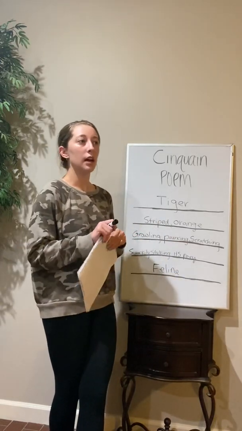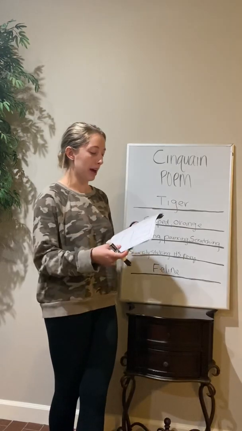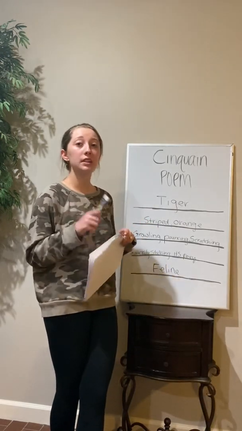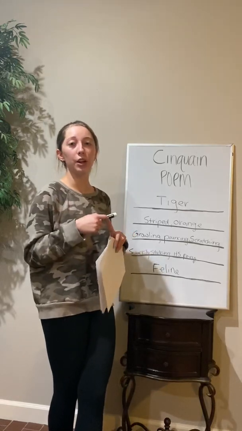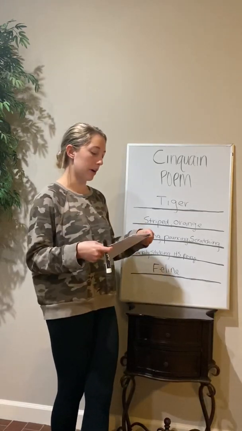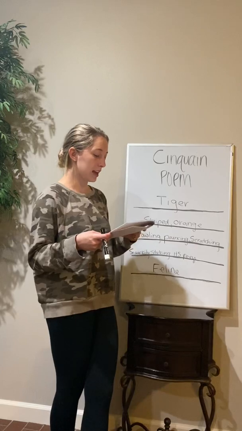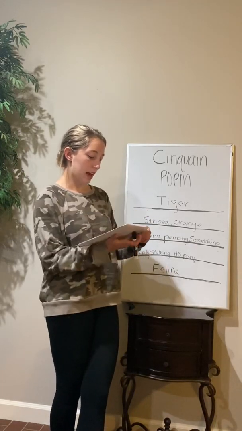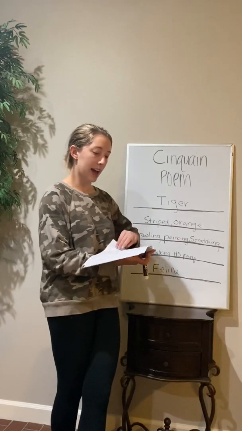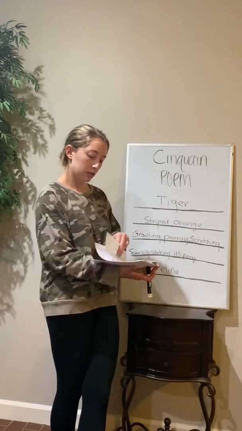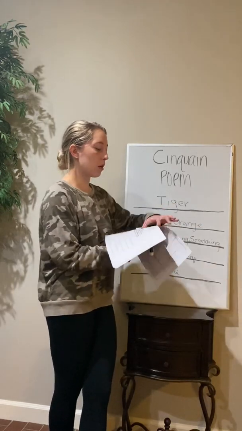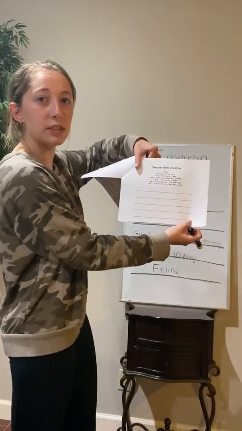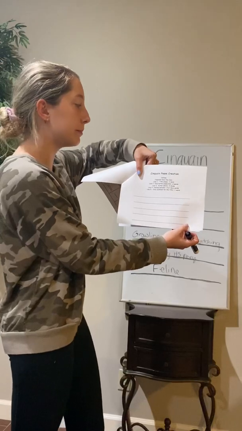It could be about yourself, it could be about your favorite person, your favorite place to go, your favorite season, anything you want to write about. And you will write your cinquain poem, and I will attach this form for you all. This will be attached, and this is where you will write your cinquain poem.